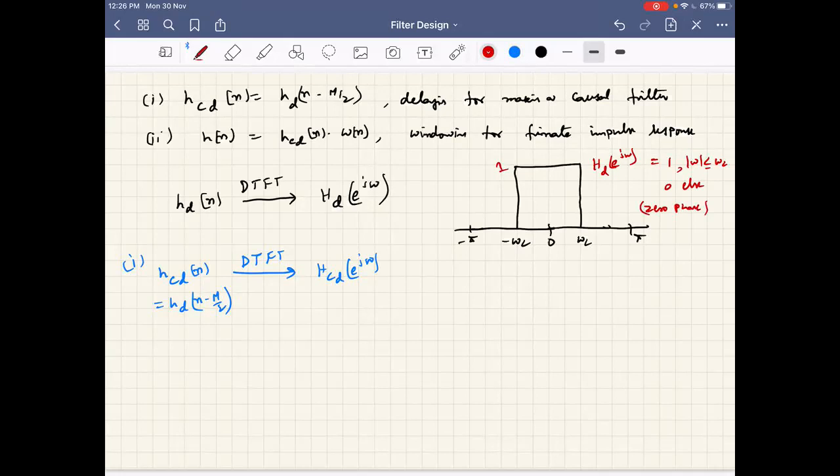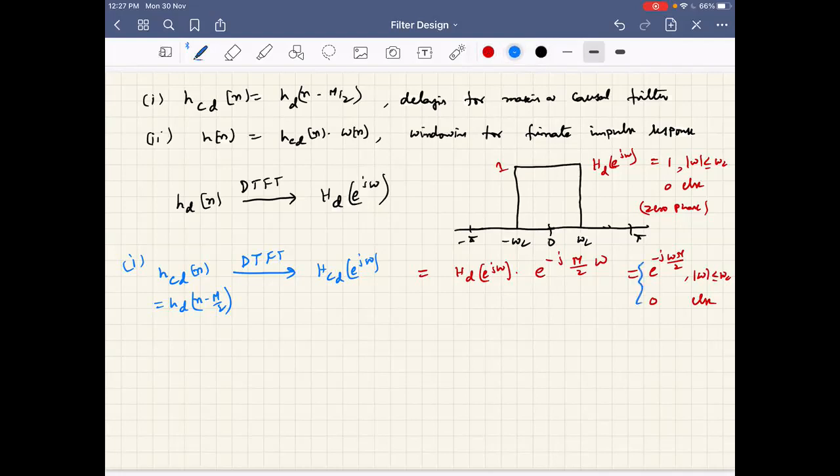Now, due to this change, what will happen? Hcd of e power j omega is now equal to hd of e power j omega into, what will happen? For the delay of m by 2, this will be e power minus j omega m by 2. So there is a phase change that occurs. And when we expand this, it looks like e power minus j omega m by 2 for mod omega less than or equal to omega c, and 0 else, right?